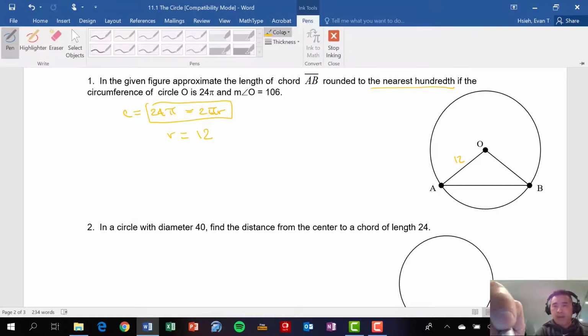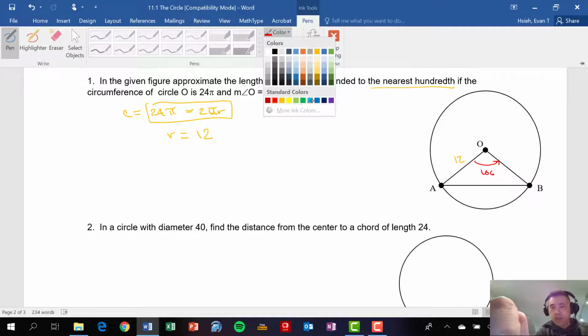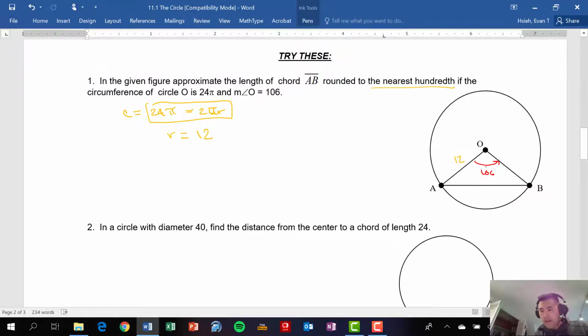And we also know that this angle right here is 106. So if I go ahead and split this right here and draw a radius perpendicular to the chord, this of course will split this angle in half. This will be 53 degrees.